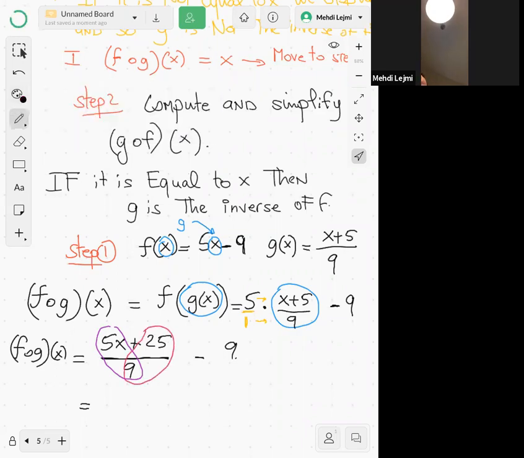So it's 5x over 9, which is 5 over 9 x, plus 25 over 9, minus 9.